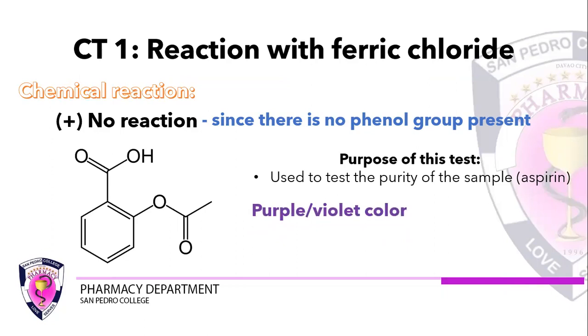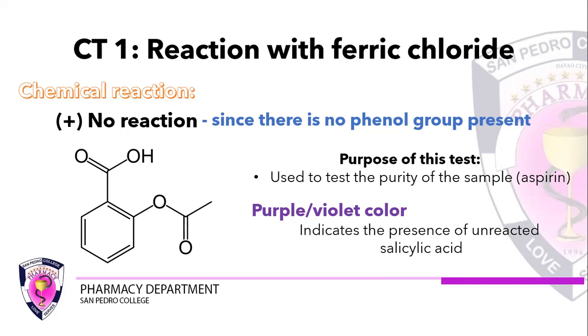Now, the presence of a purple or a violet color in the solution, it indicates the presence of unreacted salicylic acid. Ibig sabihin nun, although minute or minimal lang amounts, if possible, ng salicylic acid sa product natin, if meron man siya, it will give off a violet coloration. So, sa ating experiment, possible nakagawa tayo ng aspirin.